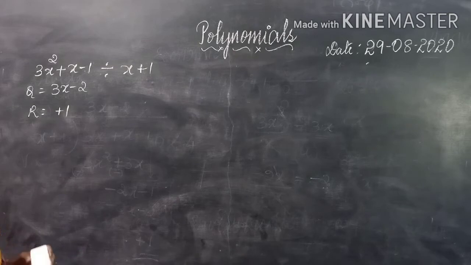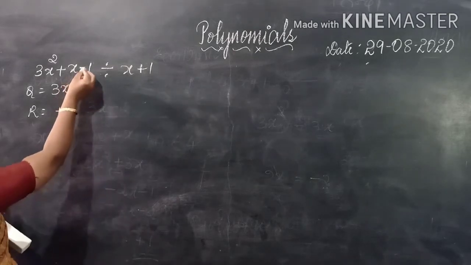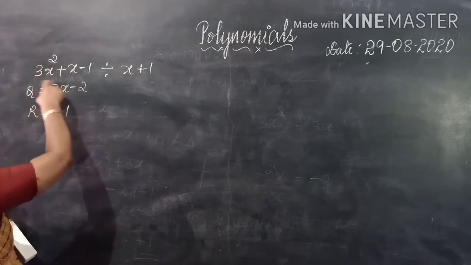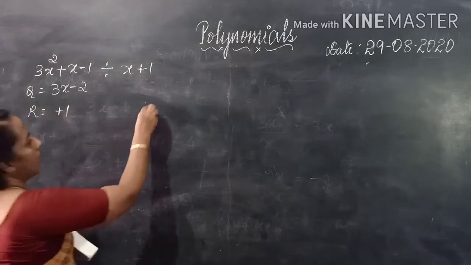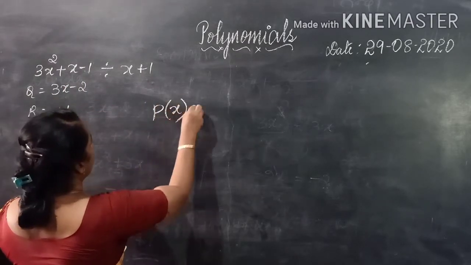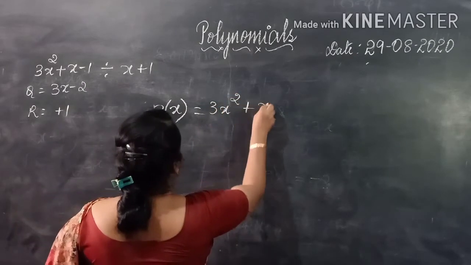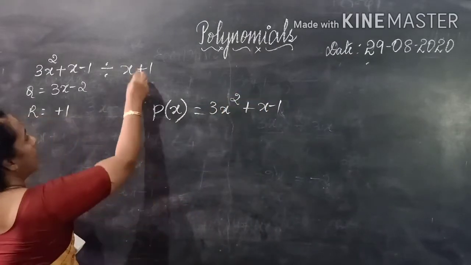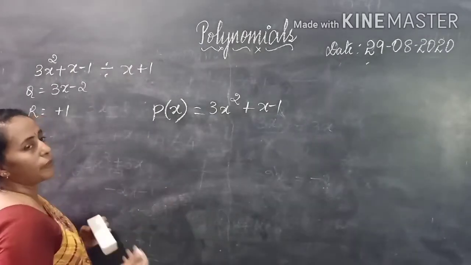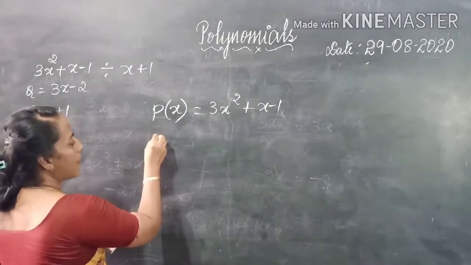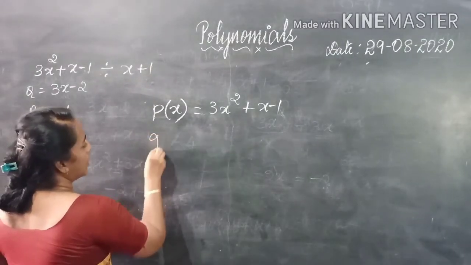Let us see how. Here, the polynomial which we are dividing is known as the dividend. Let us take p of x equals 3x square plus x minus 1. And the divisor, by which polynomial we are dividing, is called the divisor.